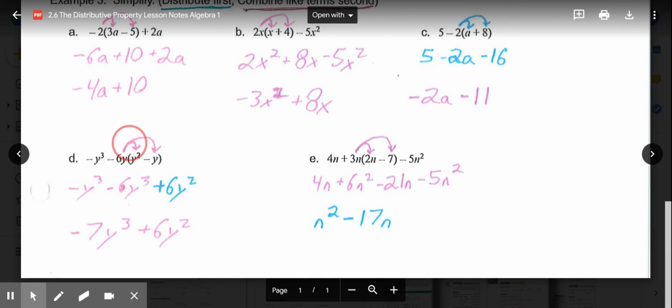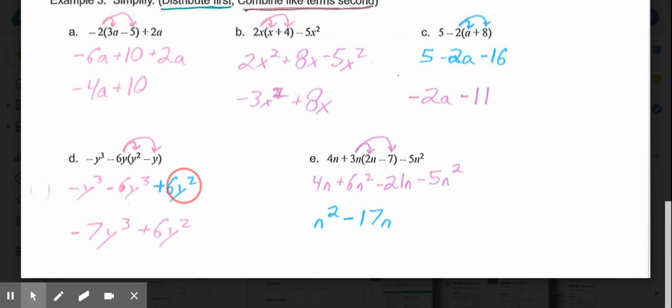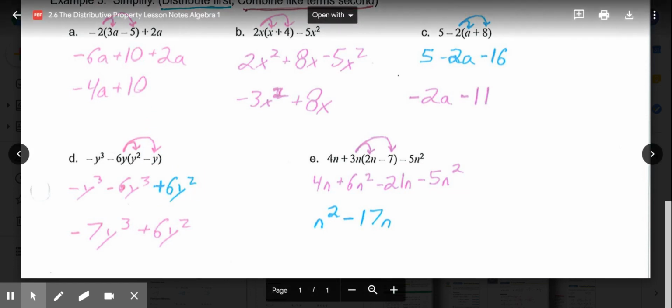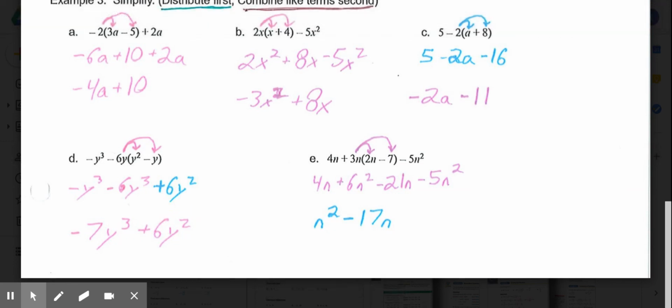And then a negative 6y times a negative y is a positive 6y squared. So a negative y to the third minus 6y to the third plus 6y squared. We can combine our y to the thirds. Negative 1 and negative 6 gives us a negative 7y to the third plus 6y squared.